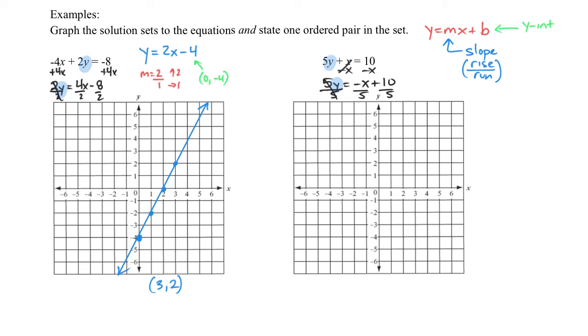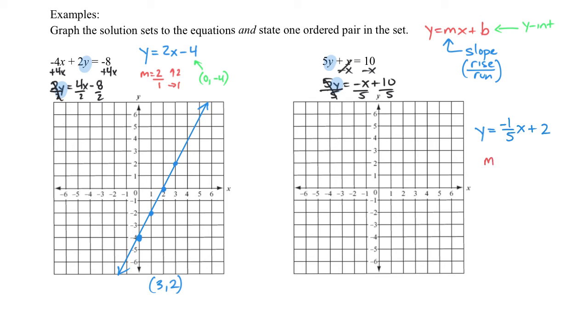All right, I'm going to go over here on the side because I'm running out of room. What does that give us? y equals. Listen, when you see something like this, remember that this negative sign means -1. So this is really -1/5 x plus 2. All right, so what does that tell us?